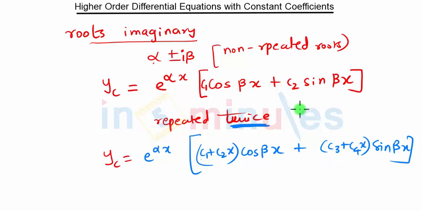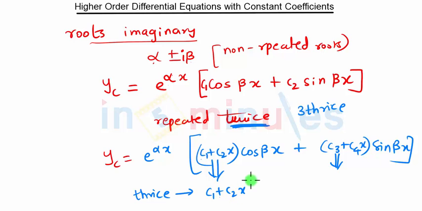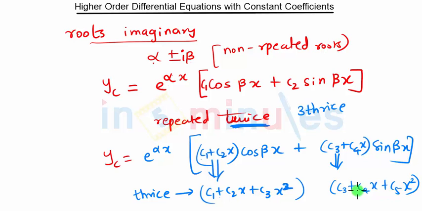When the roots are repeated thrice, only the constant part will change: c1 becomes c1 plus c2x plus c3x square, and c2 becomes c4 plus c5x plus c6x square. So you have to just change the constant part when the roots are repeated, and the solution will be exactly the same as for non-repeated roots. So this is how we find the complementary function.